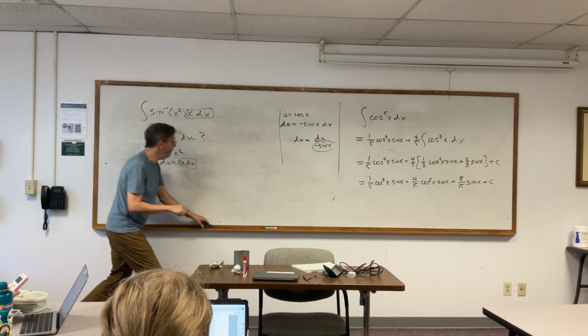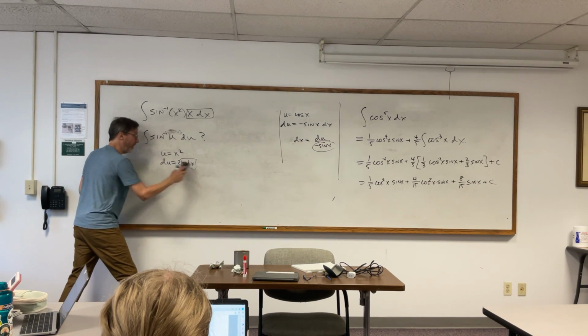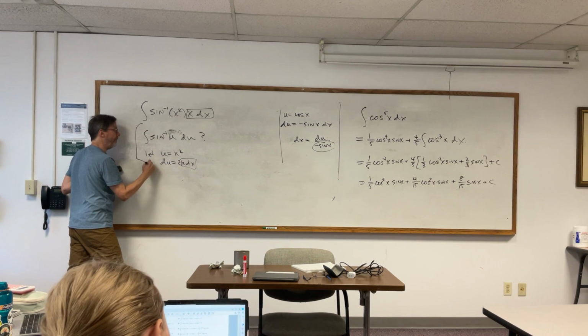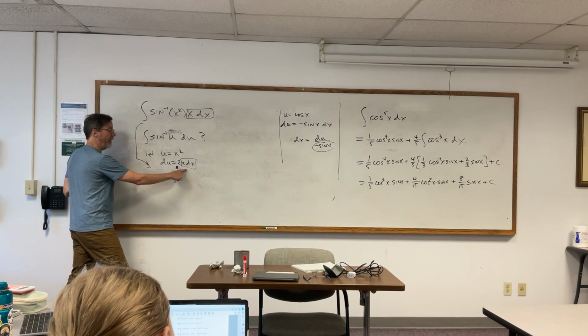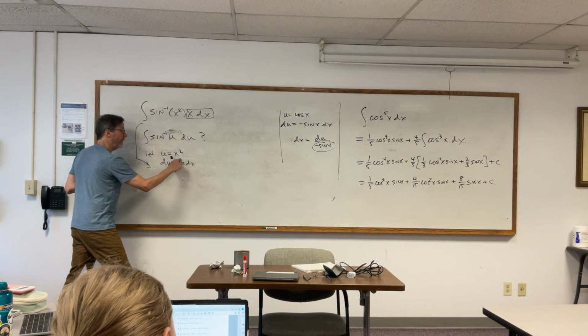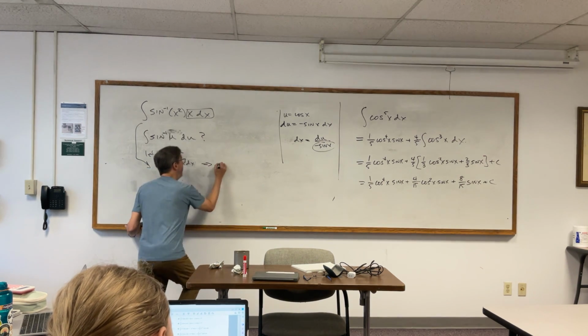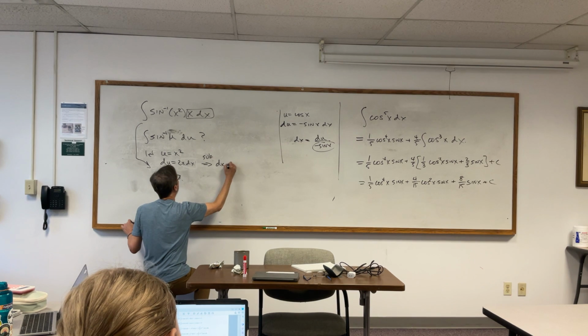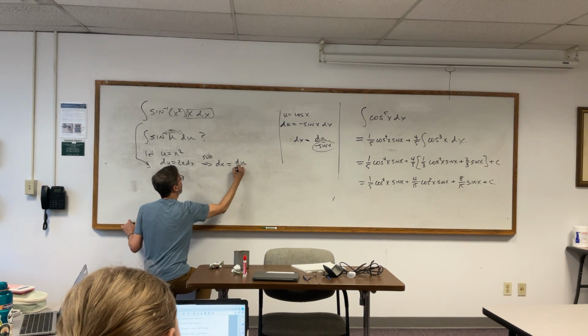So what we're gonna do here for this one, so this is good. We're gonna let u equal x squared in our original integral, and then du is 2x dx. And that means that dx, so I do the substitution right now, dx is du over 2x.